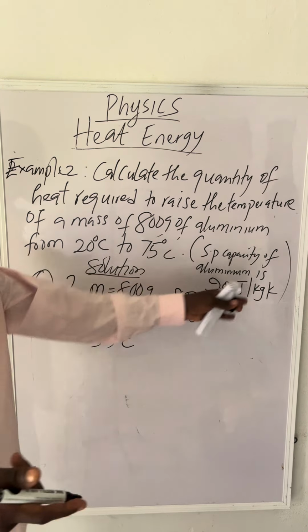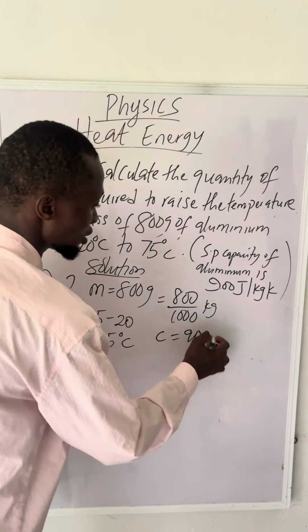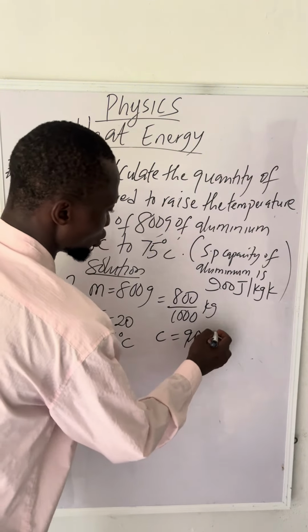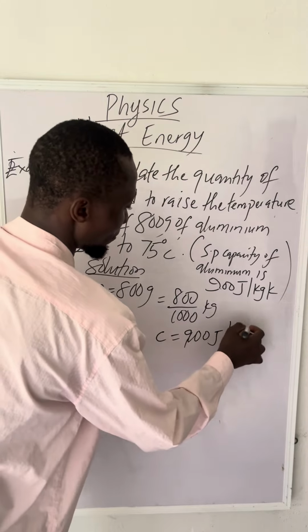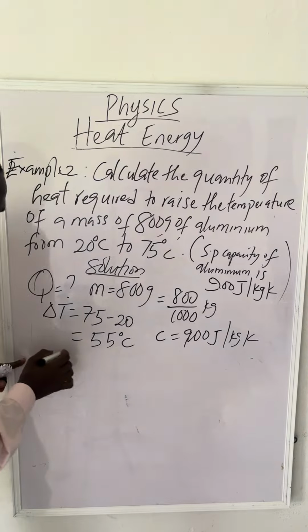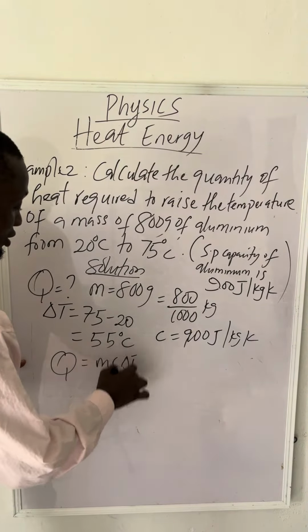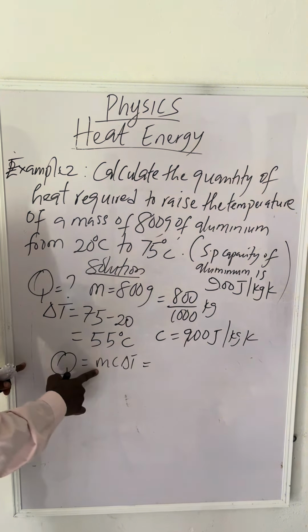Now, what again? They gave me the specific heat capacity. So I'm going to say C is equal to 900 joules per kg per Kelvin. Good. I know what I'm going to apply. I know the formula now, which is Q equals m c delta T. What is my mass?